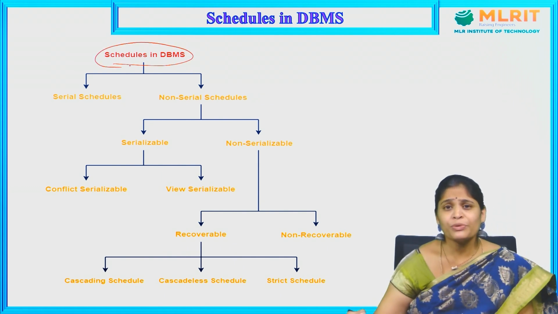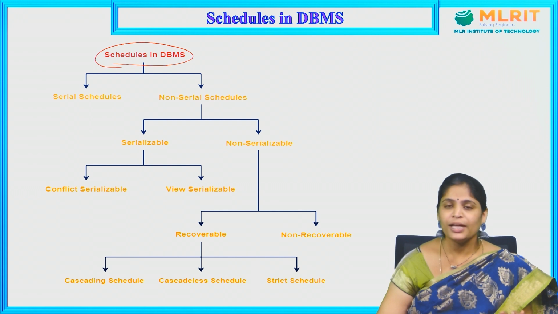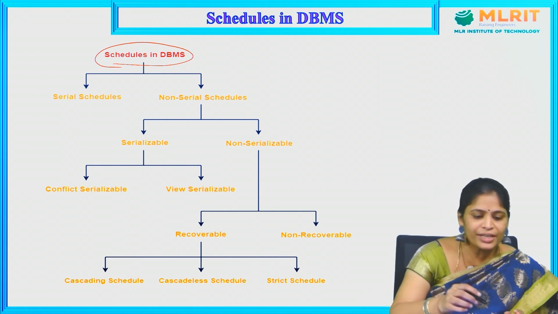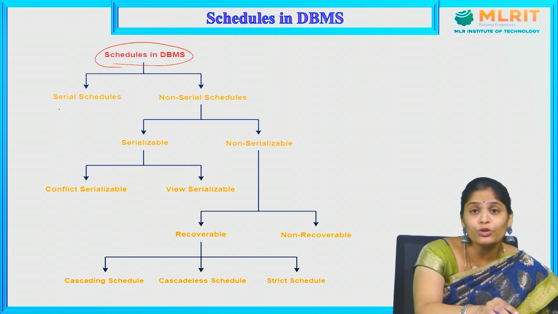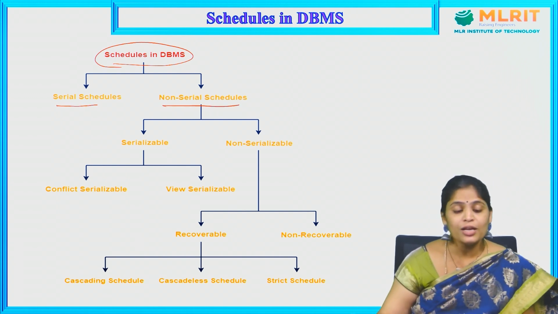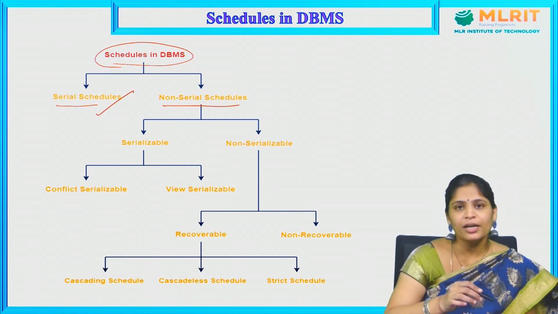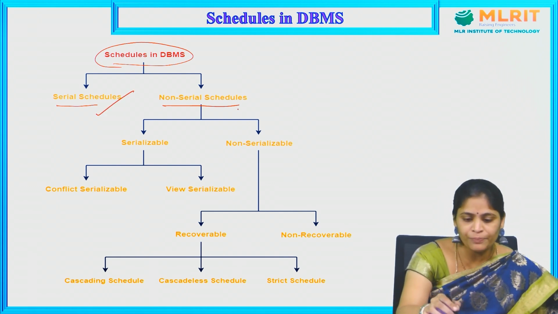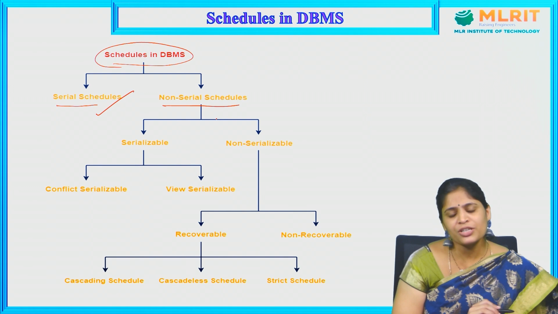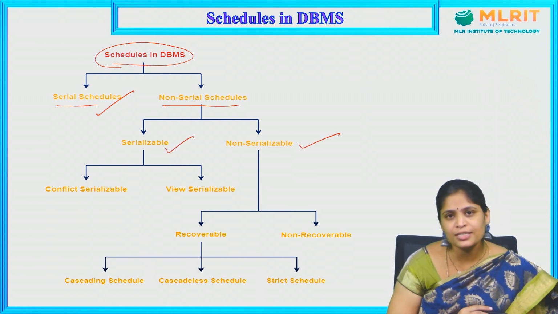What is a schedule? A schedule is nothing but a series of transactions that are to be performed in either a serializable manner or a non-serializable manner. So here the schedules are categorized into two types. What are those? Serial schedules and non-serial schedules. We have already dealt with serial and non-serial schedules, and in non-serial schedules we have serializable schedule and non-serializable schedule.